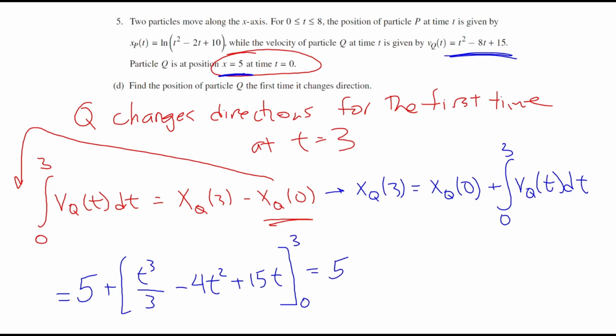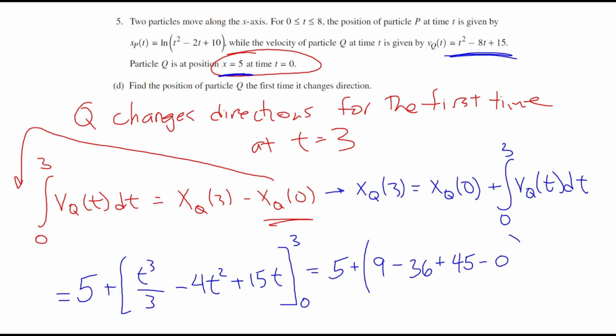So that gives us 5 plus, and now we'll input 3 into this. So 3 cubed is 27, and 27 divided by 3 is 9. And then 3 squared is 9, and 4 times 9 is 36. And then 15 times 3 is 45. And if I plug in 0 to each of those, I get 0 minus 0 plus 0.